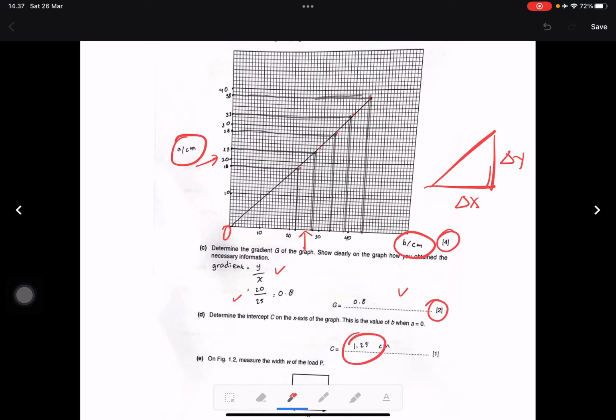Why 1.25 here? Maybe it should be 1 point something. No, not correct.